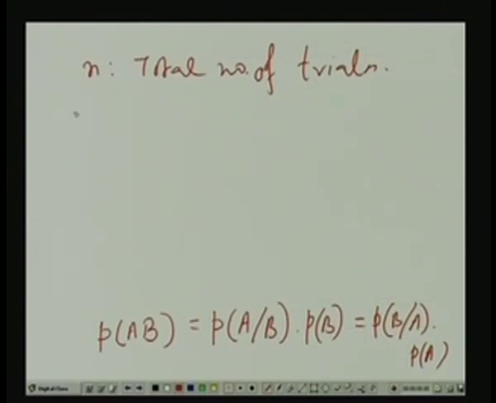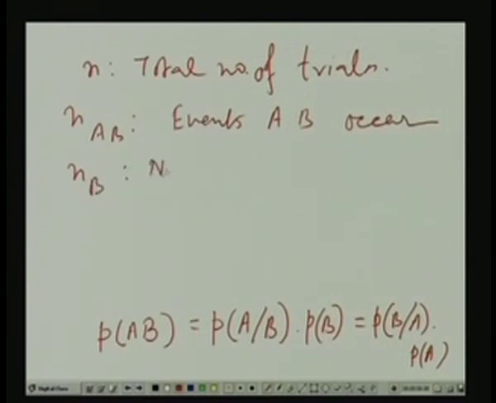Suppose on N_AB occasions the events A and B occurred simultaneously, that is N_AB, and N_B is the number of times B occurs.